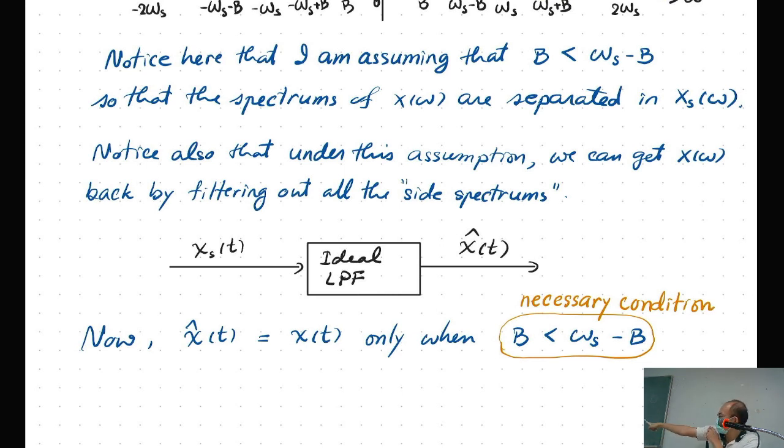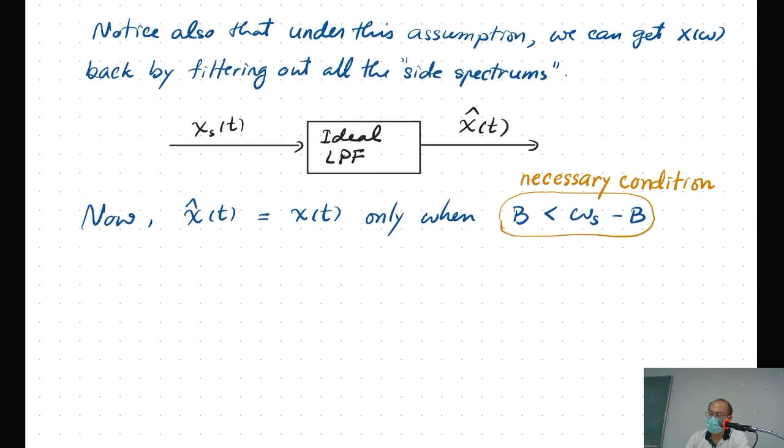If this condition is not satisfied, then we will not be able to get xt back. So that's why I call this a necessary condition. Now, if I rearrange this equation, I would have omega s has to be greater than 2 times b.